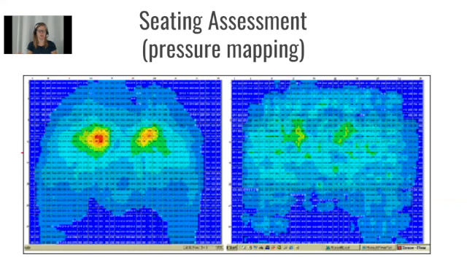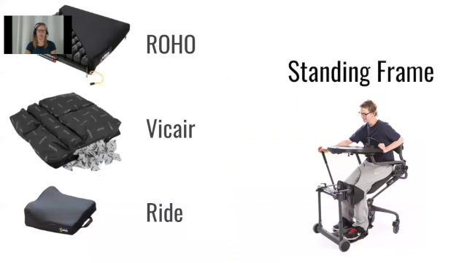Some of the cushions that you will be sitting on during the assessment include a Roho cushion, which is like a giant air cloud, a Vicare, which has a bunch of different air pockets, and a Ride Java cushion, which is a foam cushion that has the ability to really conform to the shape of your bum. Each has great benefits, but we can see which one works best for you when we trial it.